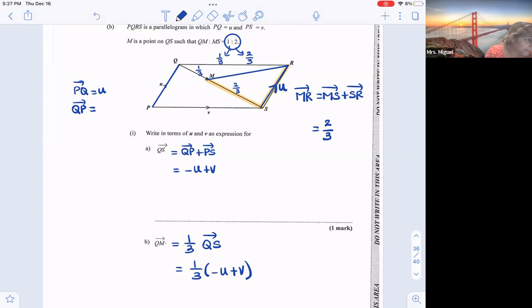MR will go from MS, or we could go through Q. Let me go through Q, because we need to get 1/3. So we will go in this direction. We will go from M to Q and then Q to R. So work it out for me.